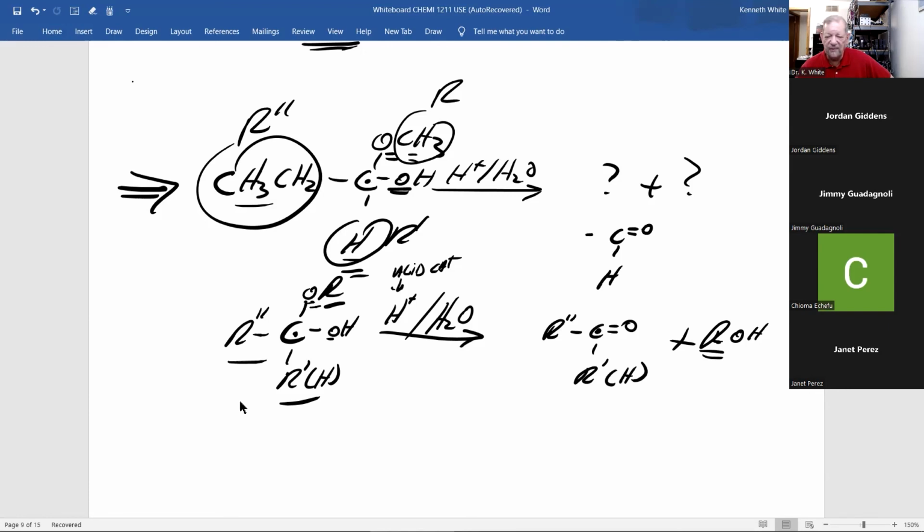What's our double prime? Two carbons. And remember, there's 4 bonds to carbon, and we don't break carbon-carbon single bonds. And then what's my R group? Which becomes this alcohol, and that's how you do it.